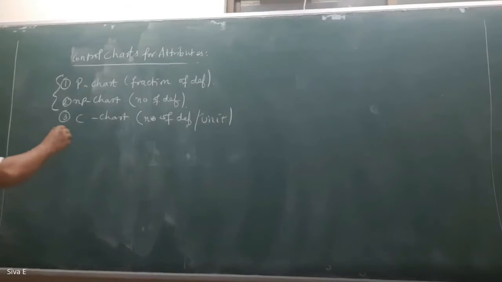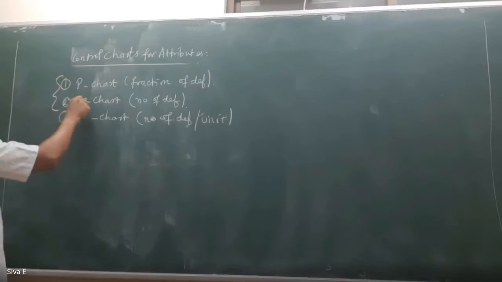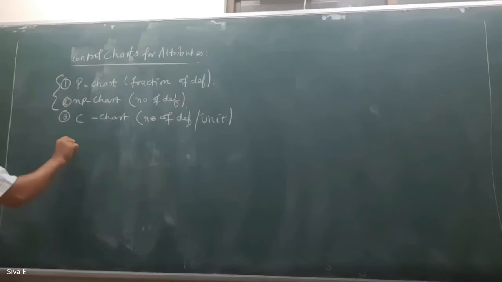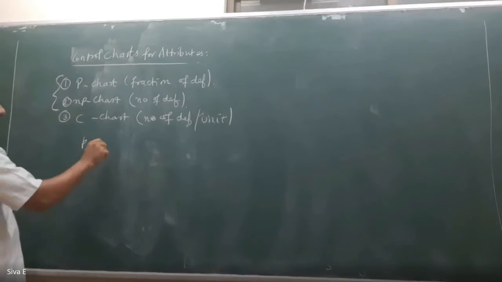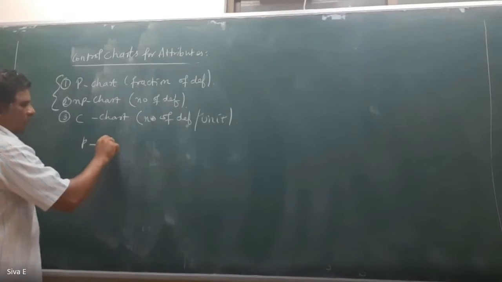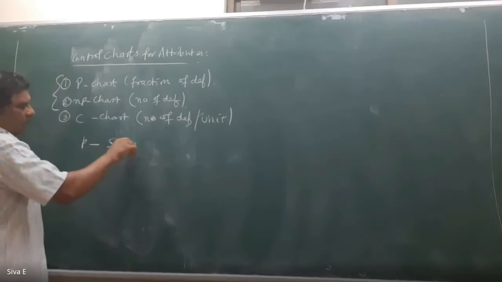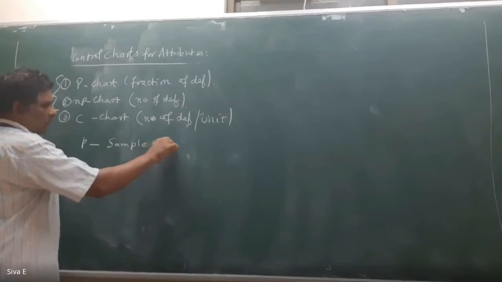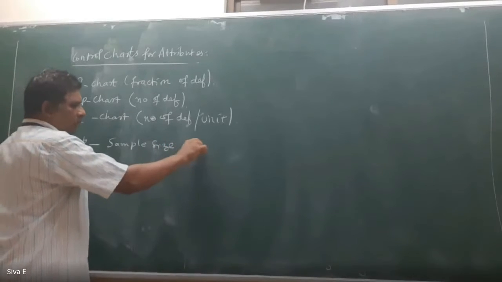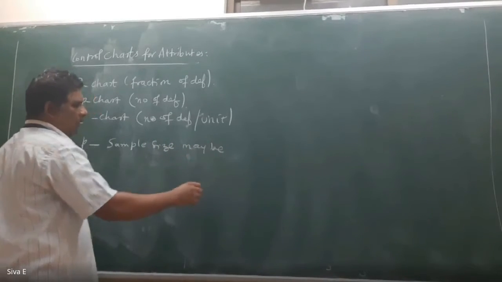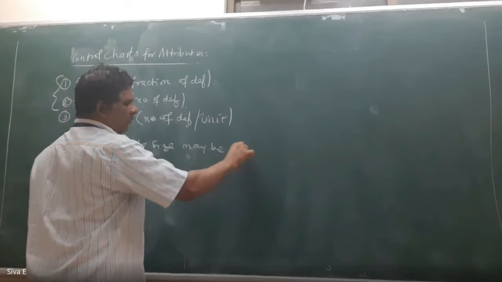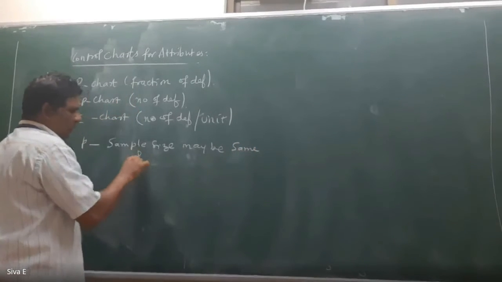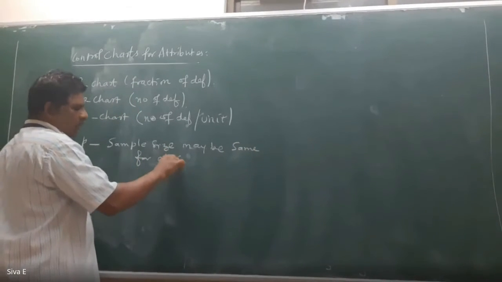So what is the difference between when you have to plot the P chart and NP chart? For the P chart, the sample size may be the same for all samples.